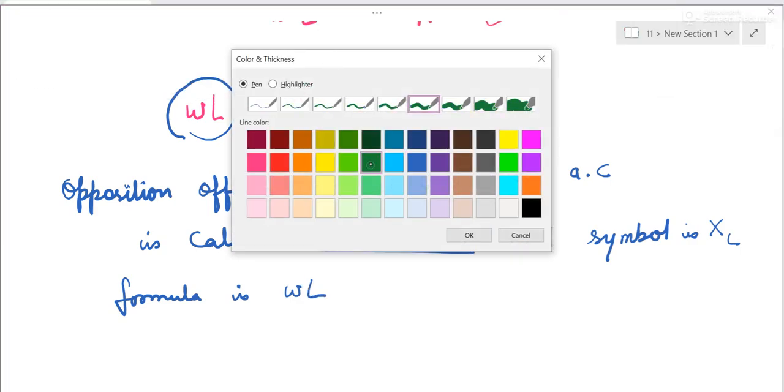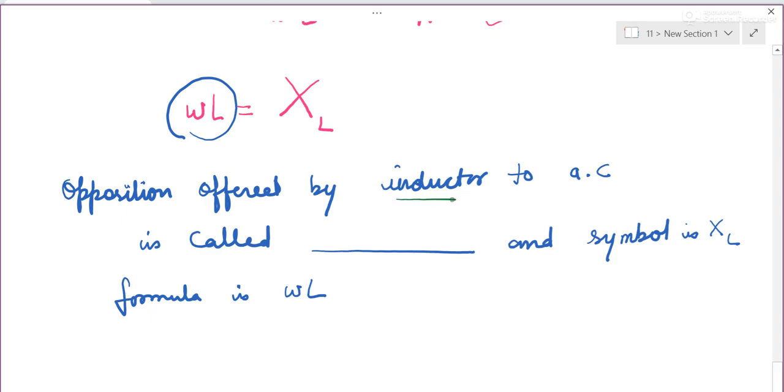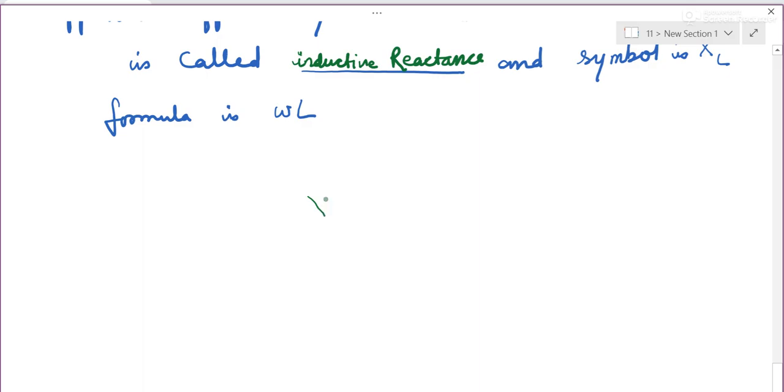Like a resistor's opposition is resistance, an inductor's opposition is inductive reactance. This is a new important word for you: inductive reactance, and the formula is omega L. Everyone knows how to open omega: omega is 2 pi nu.